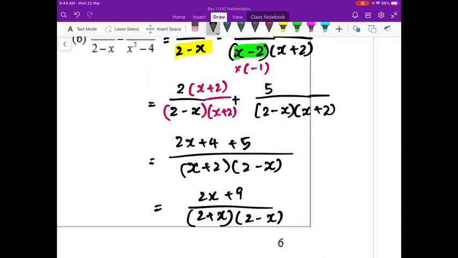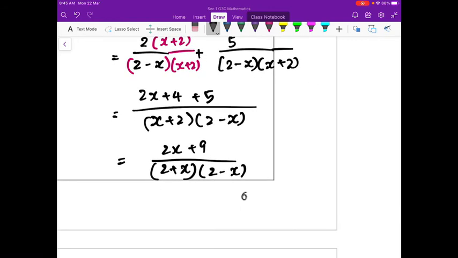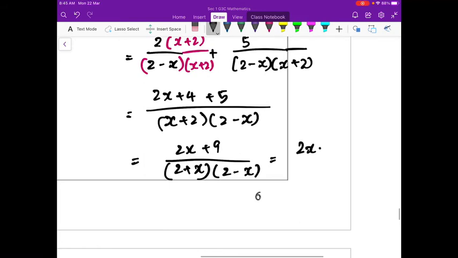Can I put the denominator as something else instead of this? Instead of writing 2 plus x, 2 minus x, can I write the denominator as something else? Which is quite simple also. What is the alternative for writing this denominator? 4 minus x squared, right?